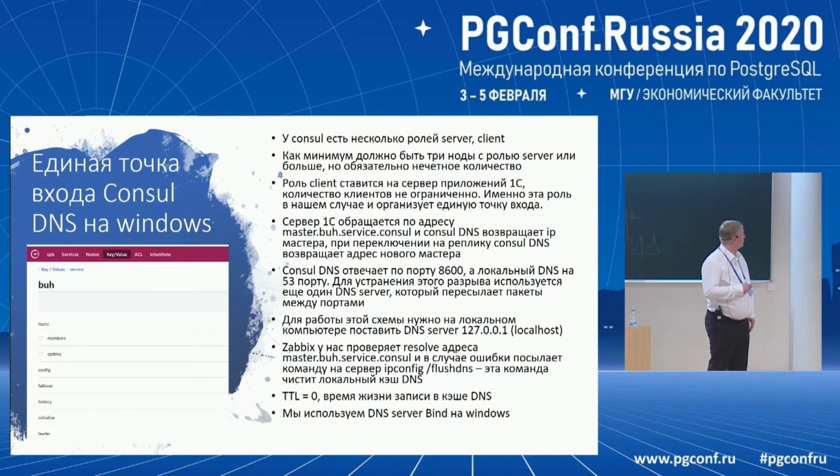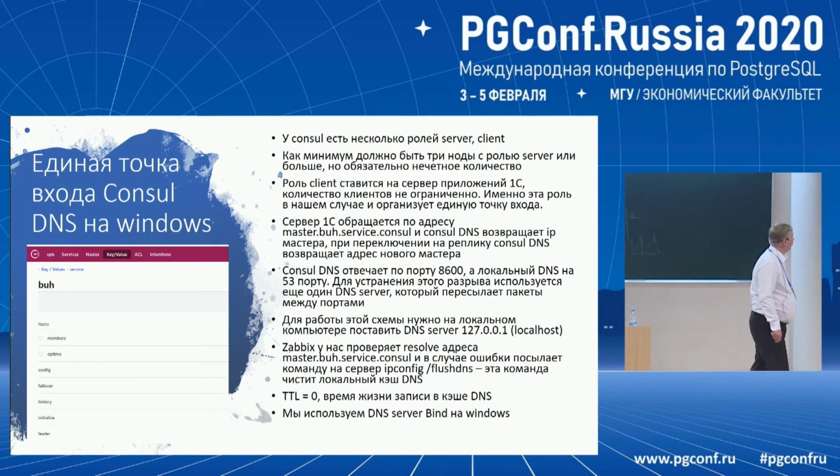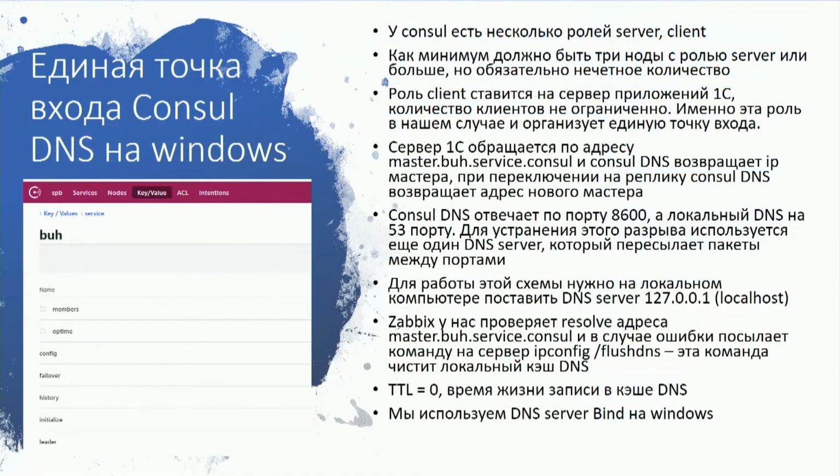We operate on Windows, and therefore Consul, the client, publishes things on an appropriate port. To have DNS on port 53, an additional DNS server is required. So we have selected Bind because we had different types of problems.